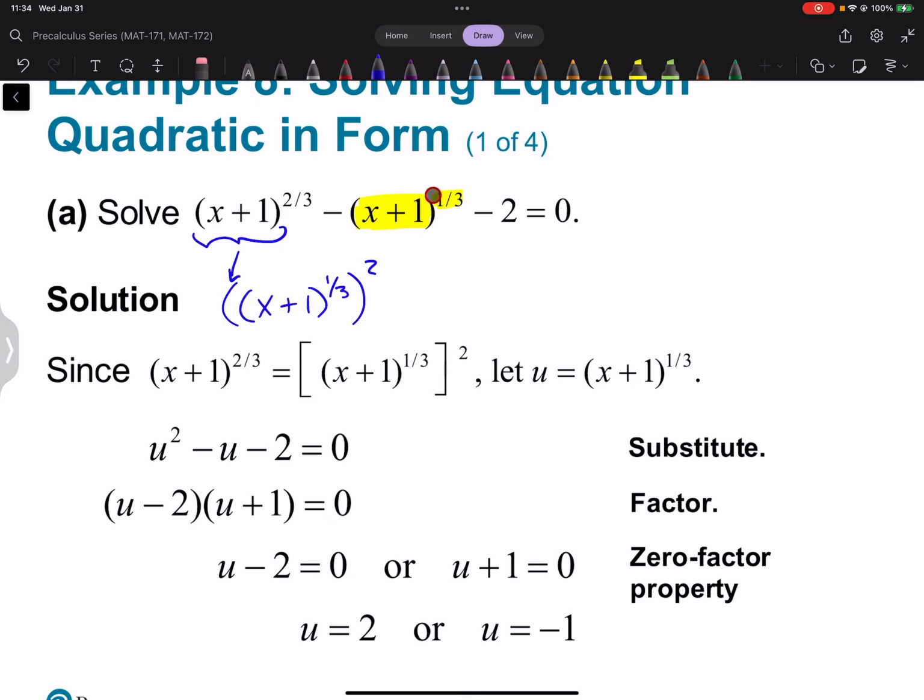So I can use this as the basis of my U substitution. I'm going to do that by letting u equal x plus 1 to the power of 1/3. Now when I rewrite this equation, I have u squared minus u minus 2 equals 0.